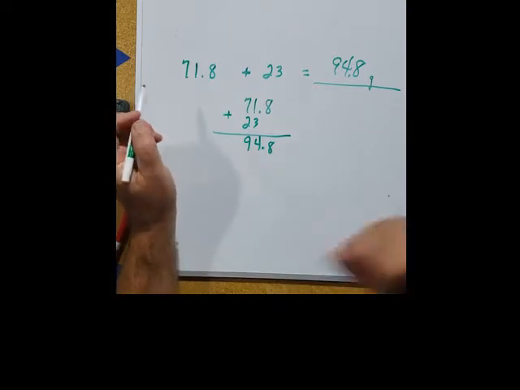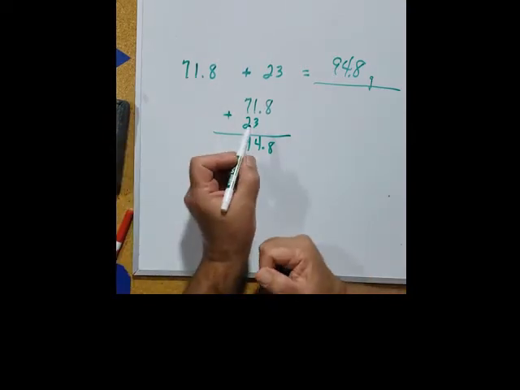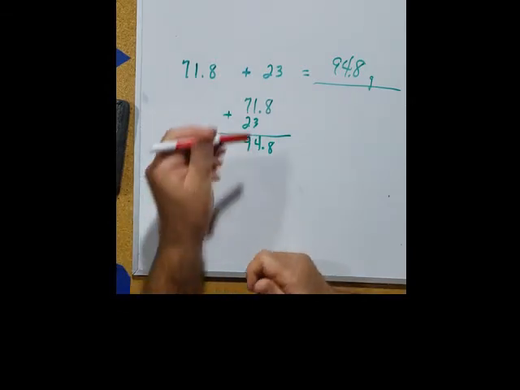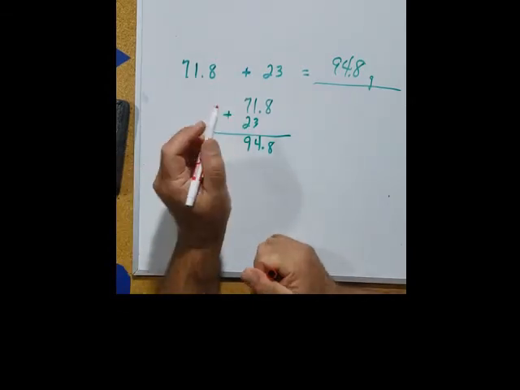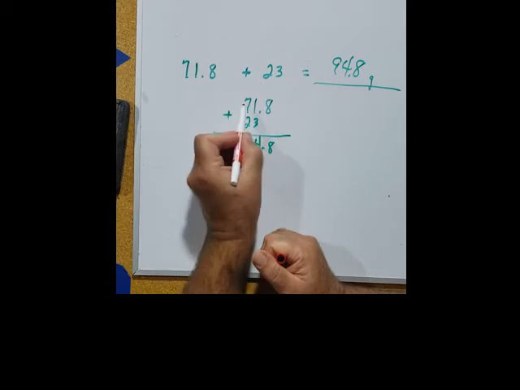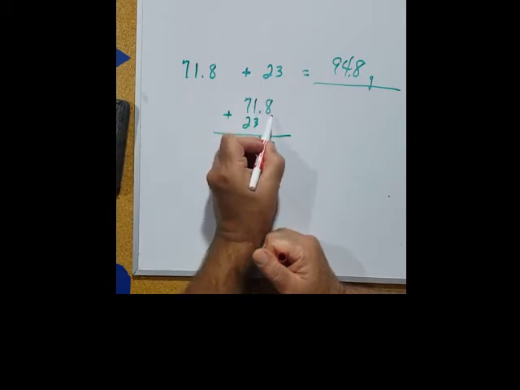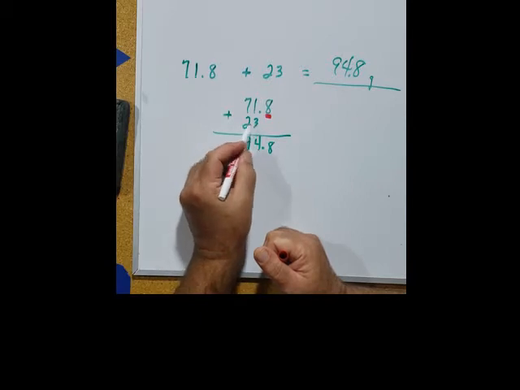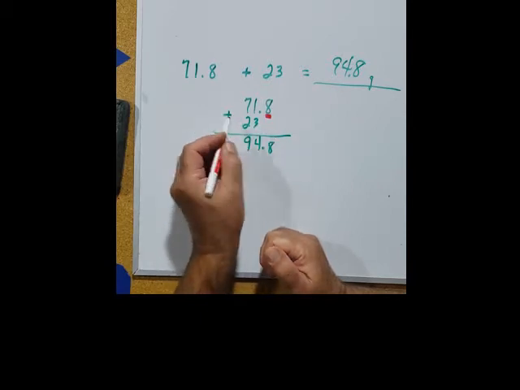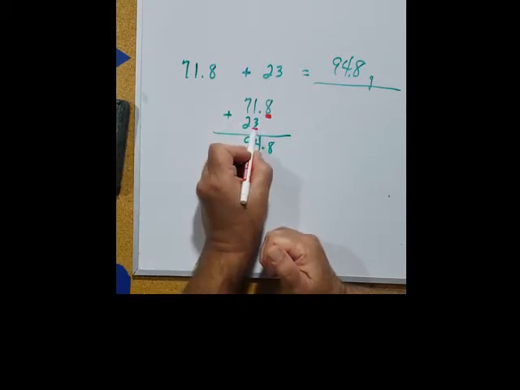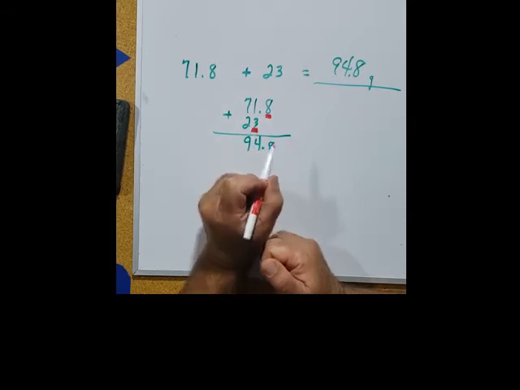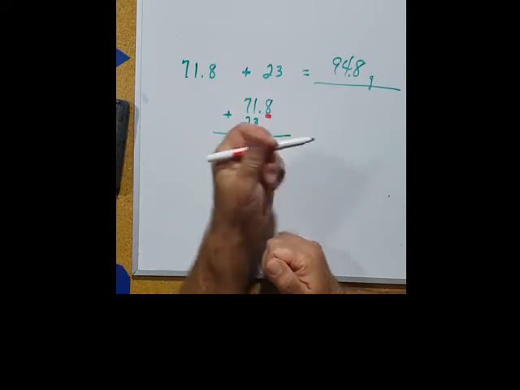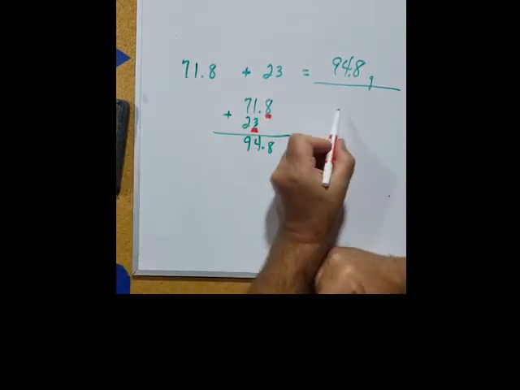Right. What we're trying to do in this case is analyze the two numbers we added together and look for the position of its last sig dig. In 71.8, they're all significant, but the last sig dig is the 8. In the second number, 23, they're both non-zeros, so they're all significant. Its last significant digit here is 3. Which one of these two numbers has this last sig dig in the highest place value?